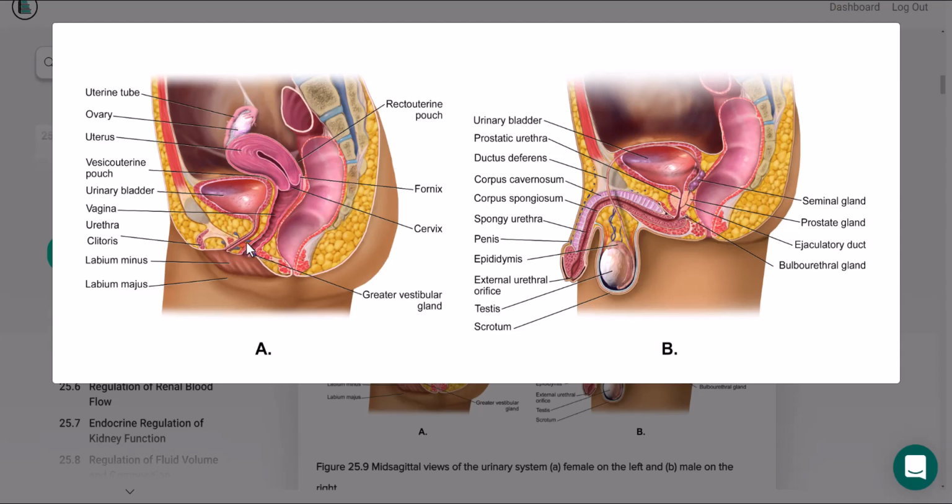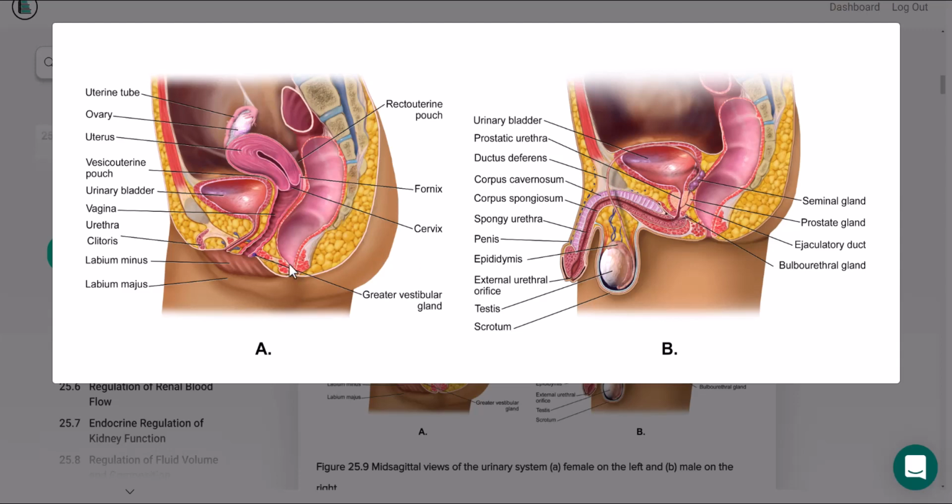You can get the idea that there's a layer of muscle that travels right here. It's not labeled here, but that's the urogenital diaphragm. In the male, it's no different. In the male, there's also this layer of muscle right about here.